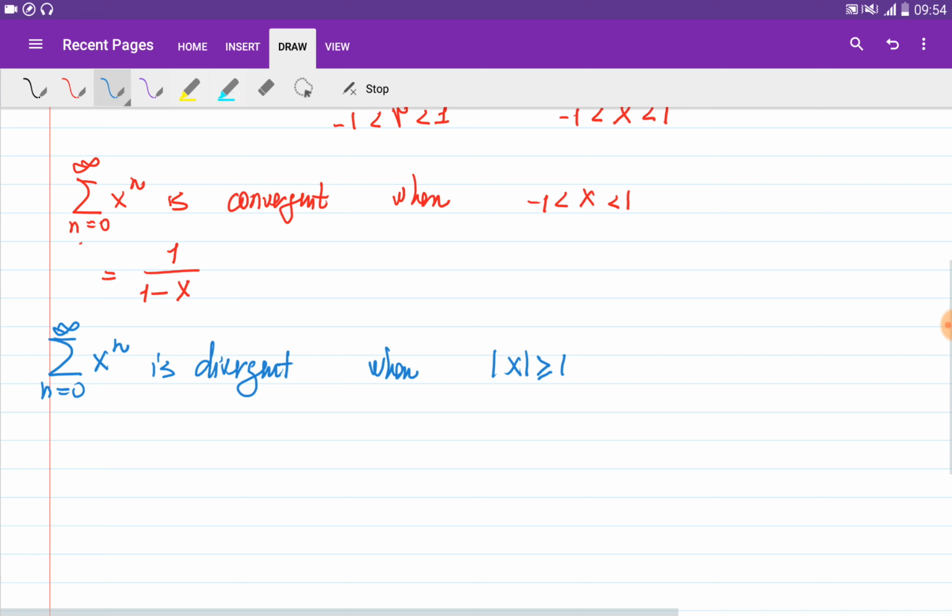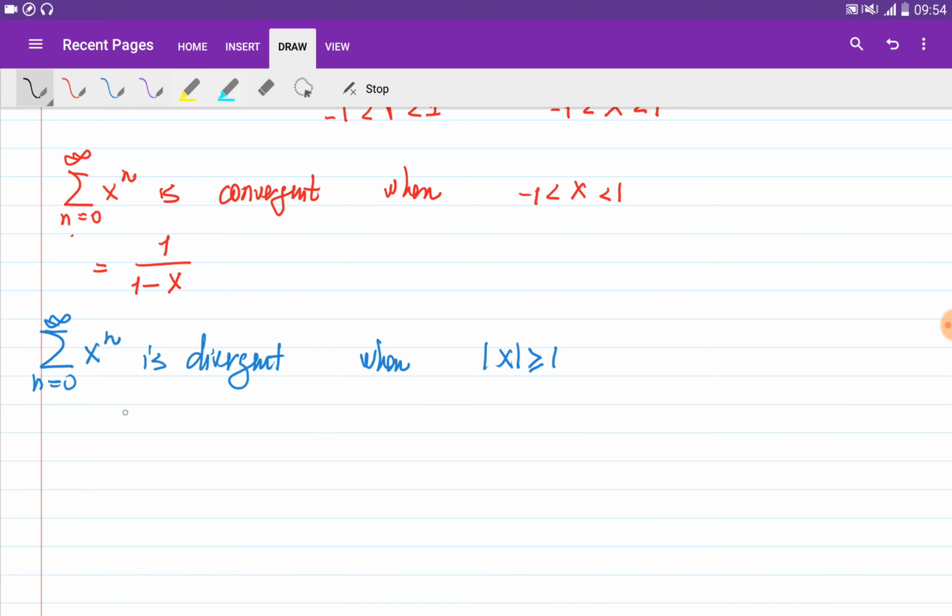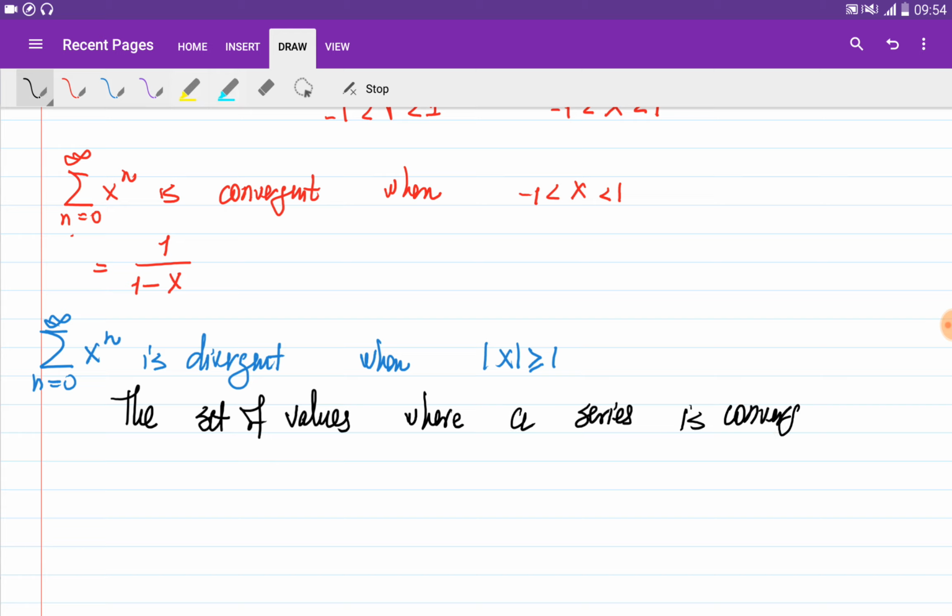So the set of values for x where the series is convergent is called an interval of convergence.